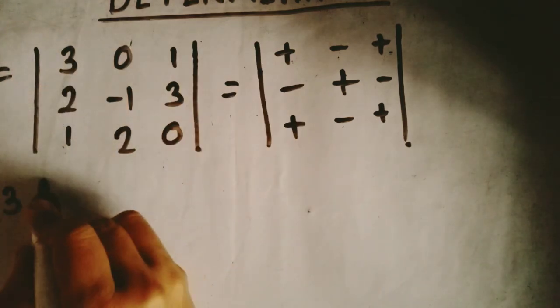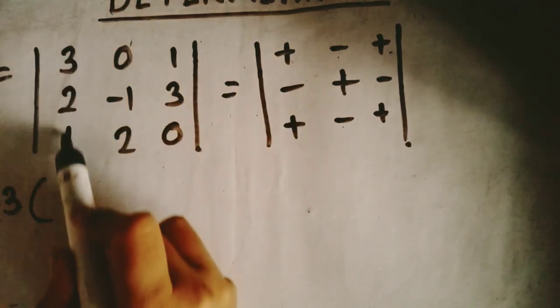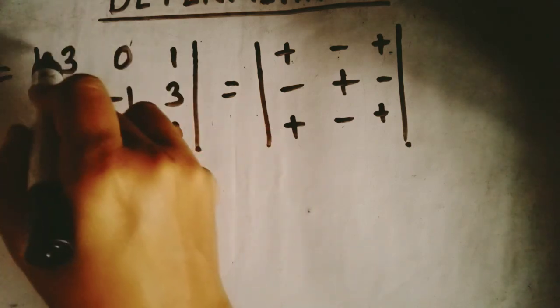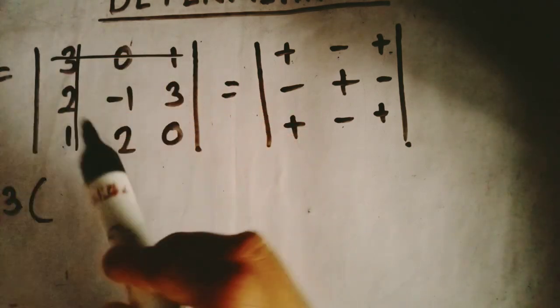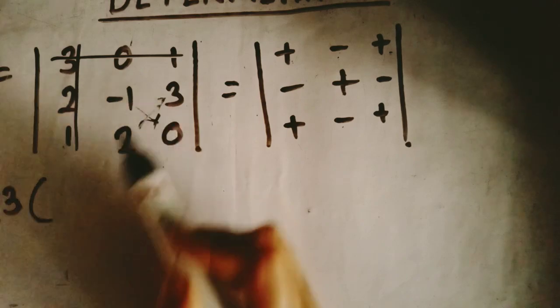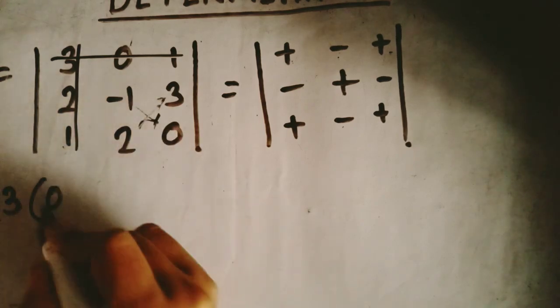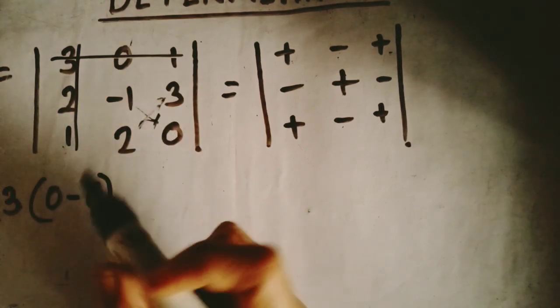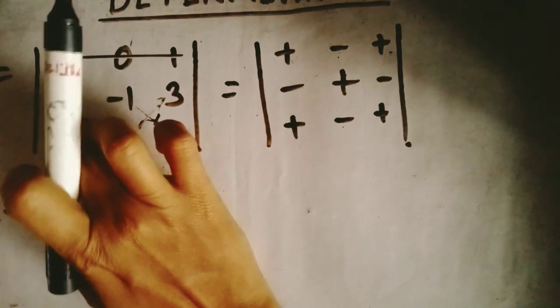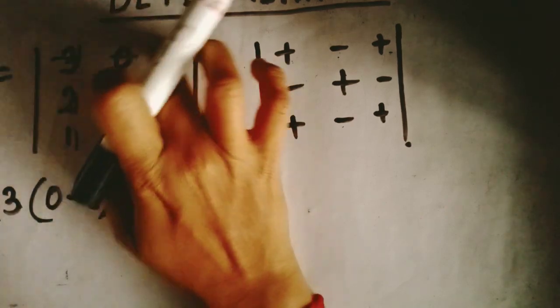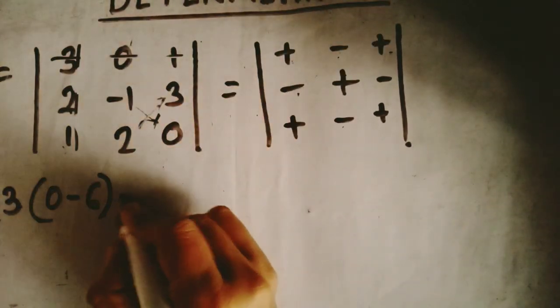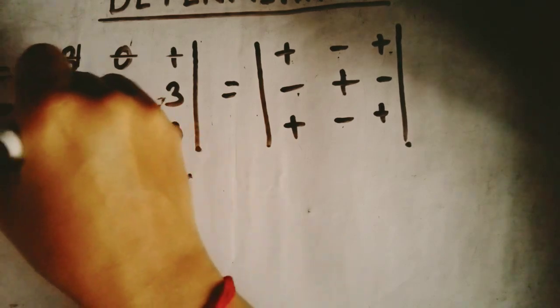So 3, striking out this column and this row, you have to multiply this to get 0 minus 6. Then I'm choosing 2, the sign is minus, striking out this row and this column.